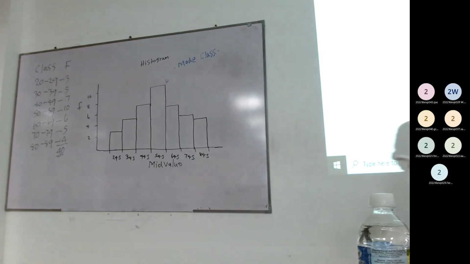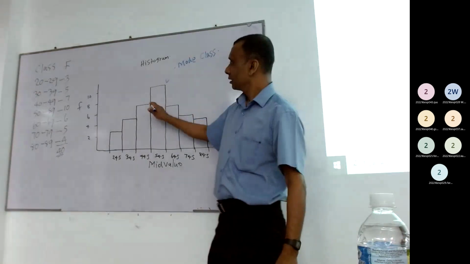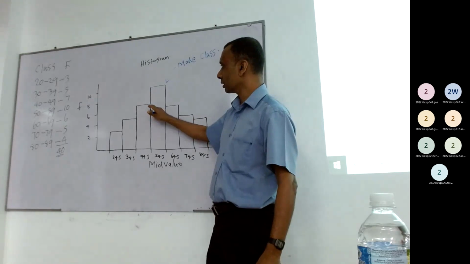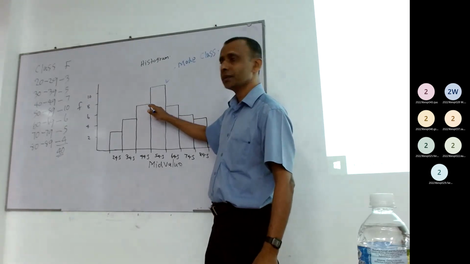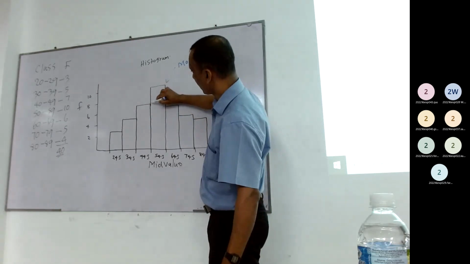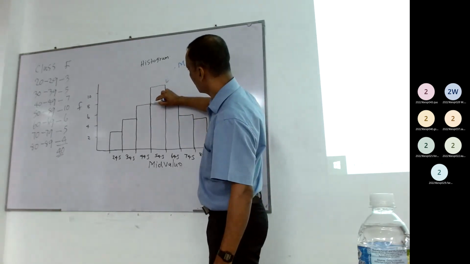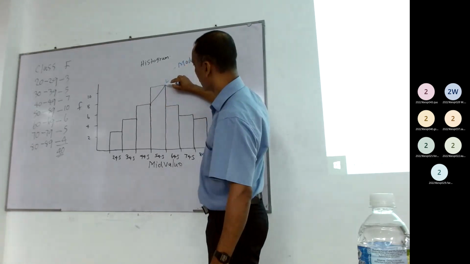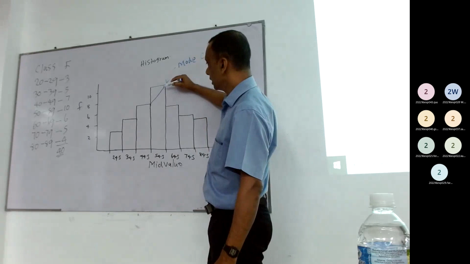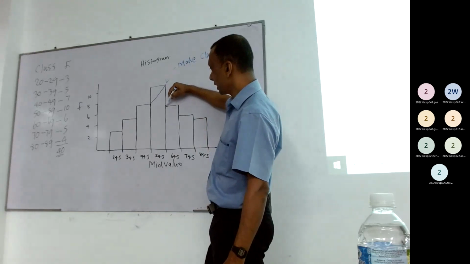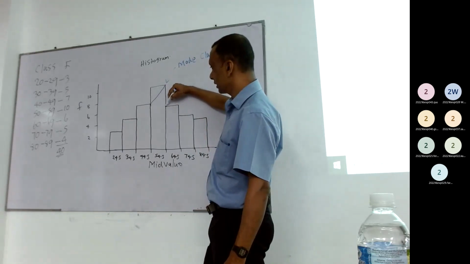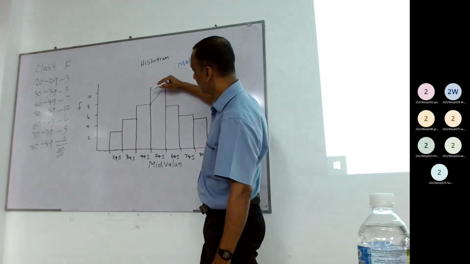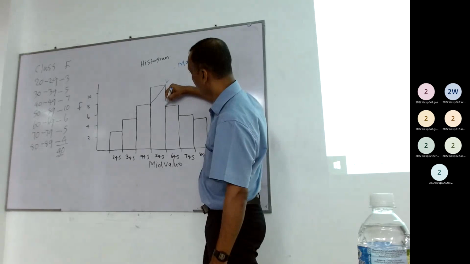Now, if you want the mode, in the mode class, you can see left side, one rectangle is linked. From that, a straight line you take to the right side corner. Again, from the forward, you can see another rectangle is linked from here. From that to left side corner, another straight line you construct.